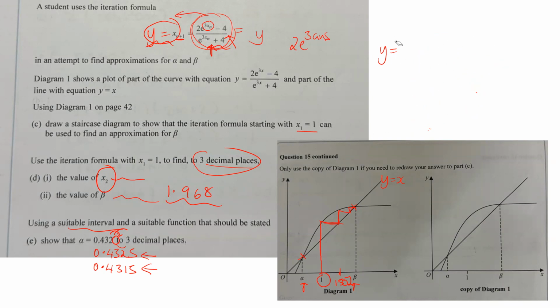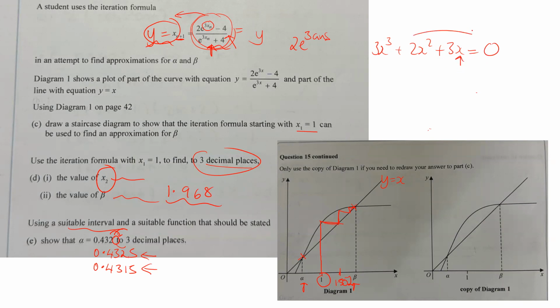Say I wanted a cubic. I had 3x cubed plus 2x squared plus 3x, and equal to 0, I could maybe make that x the subject.